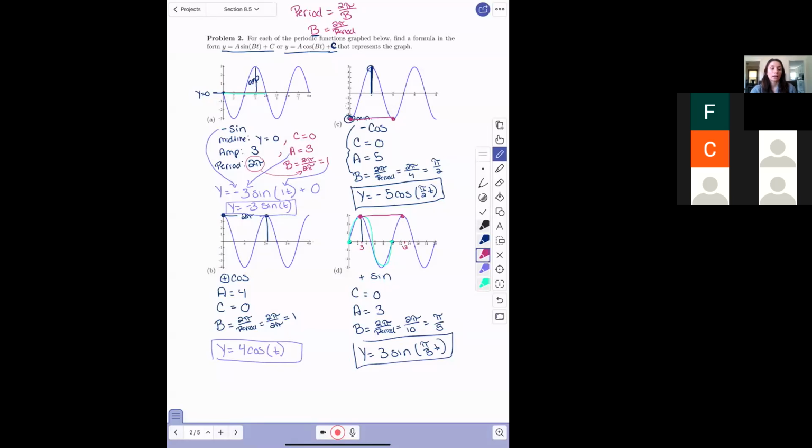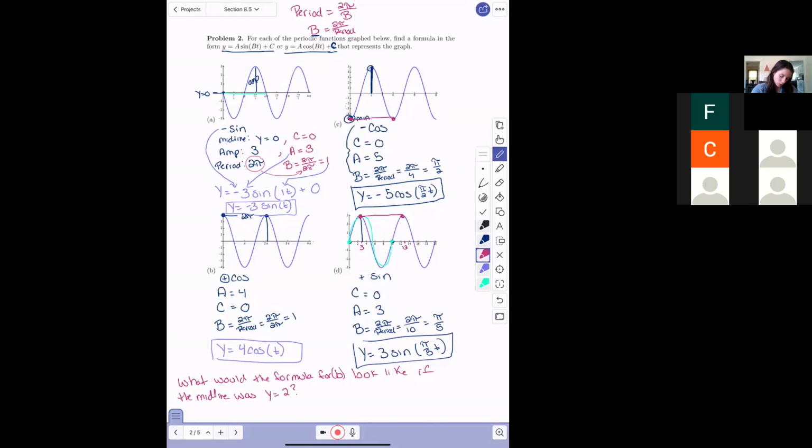All right, I have an extra question for you. A freebie, I guess. I'm not going to grade this question, but I just want to make sure you understand this. What would the formula look like if the midline was y equals 2?